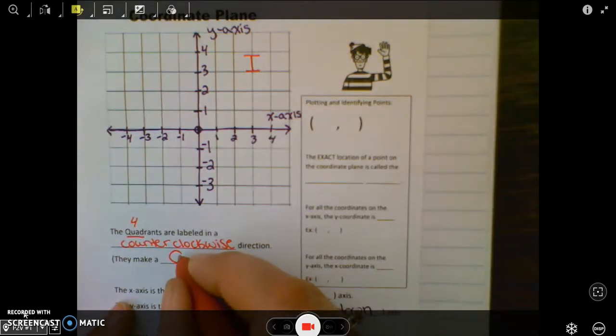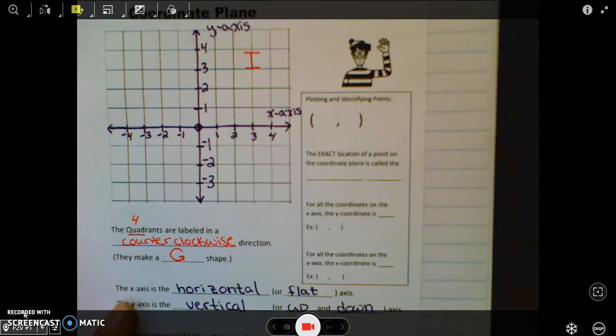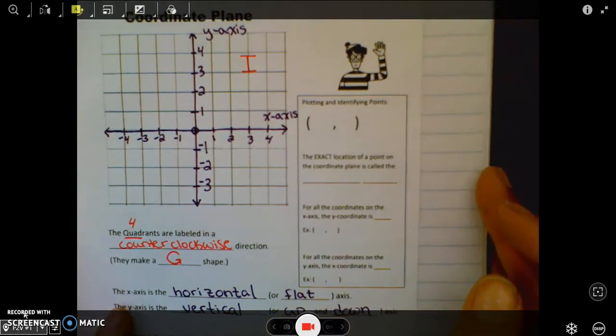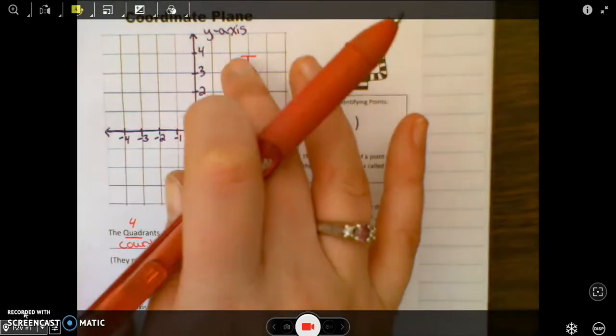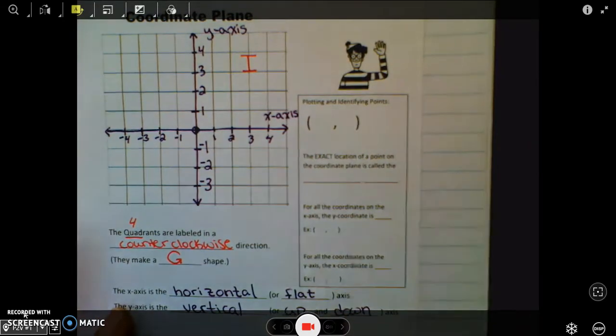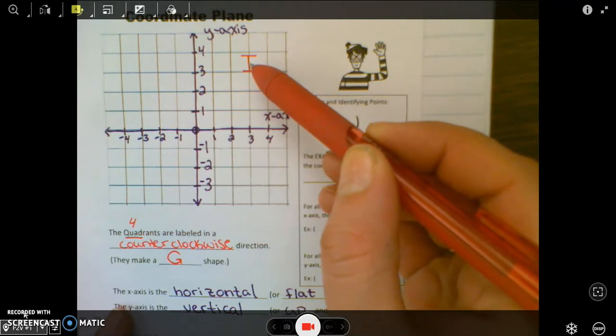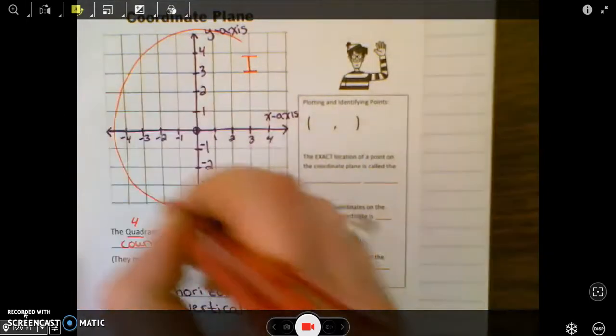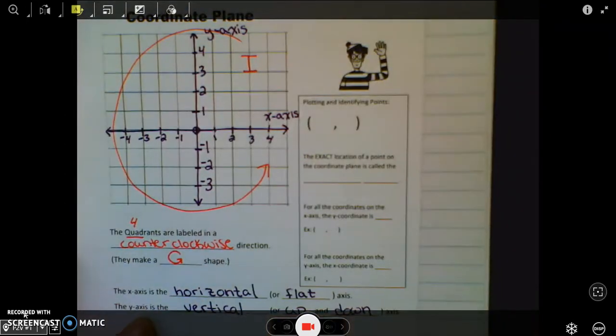It almost looks like a capital G the way that I wrote it, but it's a C shape, and the arrow is showing the direction, okay? So I'm going to number these quadrants, or these 4 sections, starting with number 1, and you can always remember that number 1 is about the same place that 1 is on a clock. So that's your starting point. You go around here in a C shape.